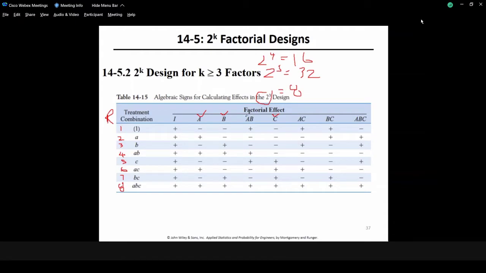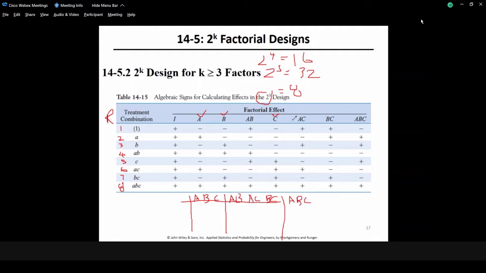Usually I put A first, then B, C, many factors, and then I put AB, AC, and then BC, the two-way effects, and finally ABC.